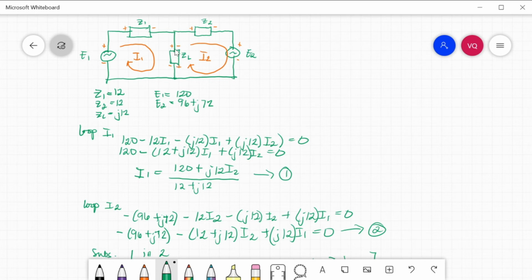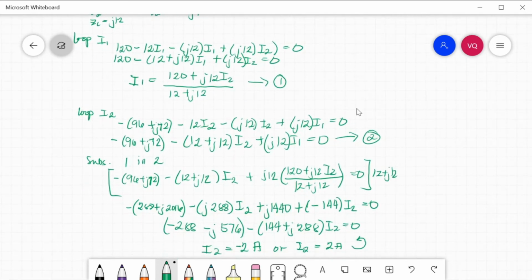And at this side I2 enters into a positive sign of the inductor, so that is negative j12 I2. And then our I1 enters into the negative sign of the inductor, so that is positive j12 I1, is equal to 0. So negative (96 plus j72) minus (12 plus j12) I2 plus j12 I1 is equal to 0. That is our equation 2.